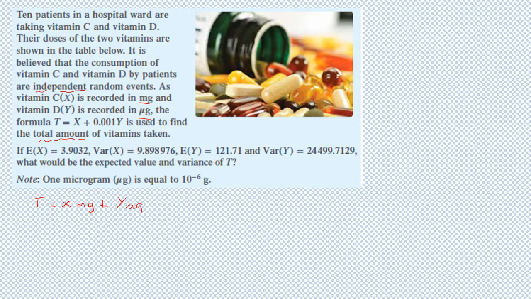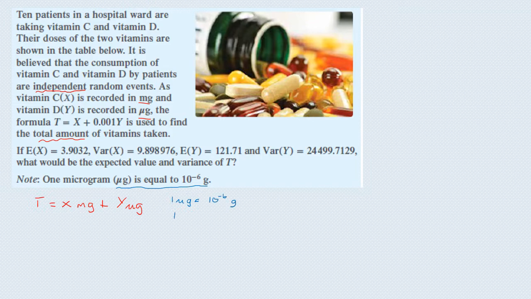So we have to be converting that. They do give us a useful piece of information down the bottom here, that 1 microgram is equal to 10 to the negative 6 g. So we know 1 microgram is equal to 10 to the power of negative 6 grams.